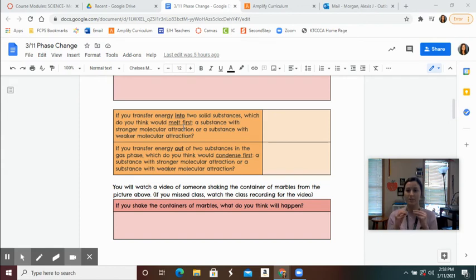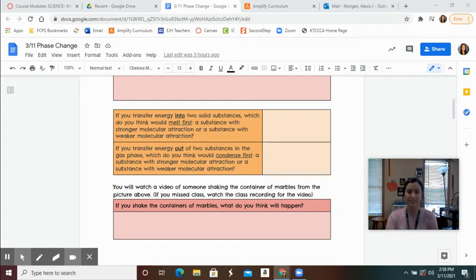All your molecules are close together, they're not really moving, and so it's going to take a lot to get them to break apart and start moving. Would it be easier if they were strongly attracted or weakly attracted to break them apart? Remember, solids are all together, and in a liquid they're moving around each other, so you'll have to break that attraction.